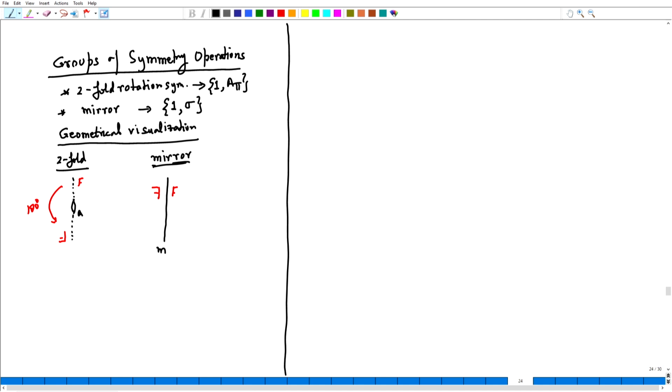So, this symbol F is asymmetric in the two-dimensional plane. We are talking about only two-dimensional symmetry right now. And hence, one of the properties of this symbol is that this is also a chiral object.